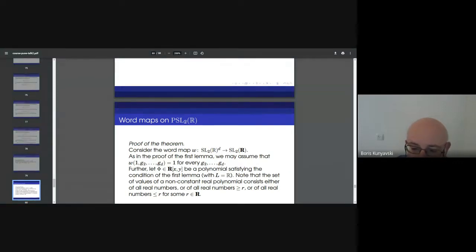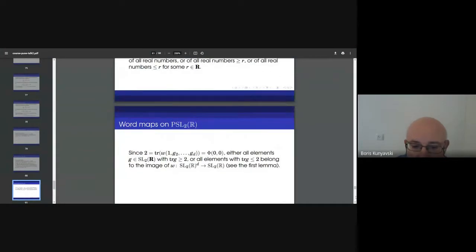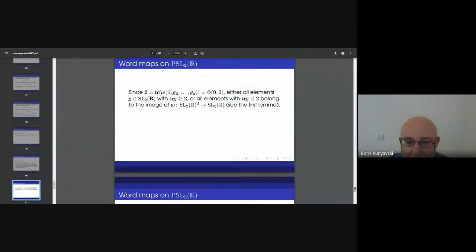And well, now 2 is the trace of this polynomial at the origin. So this means that either all elements have trace at most 0 or at least 0.